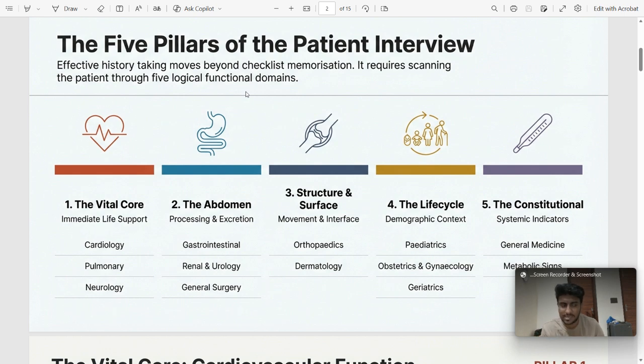You check out for the kidney and the gastrointestinal symptoms, if any. You ask them for the basic signs and symptoms like nausea, vomiting, diarrhea, constipation. The abdomen is one of the most common sites, specifically, learning about the gastrointestinal, renal, urology, general surgery.